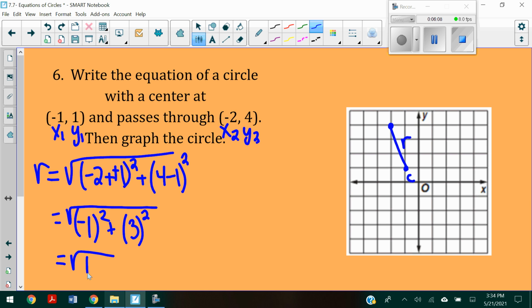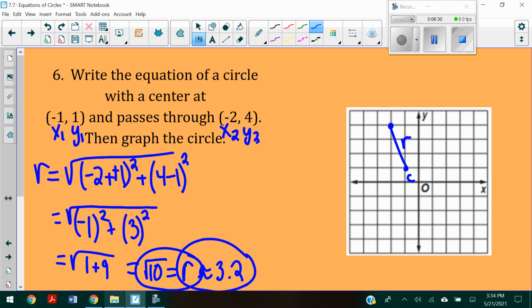And 3 squared, 3 times 3, is a positive 9. So 1 plus 9 gives us 10. So the square root of 10 is my radius. We are going to use this part here to write our equation. But if you use the decimal, it's going to be about 3.2, and we are going to use this to graph.